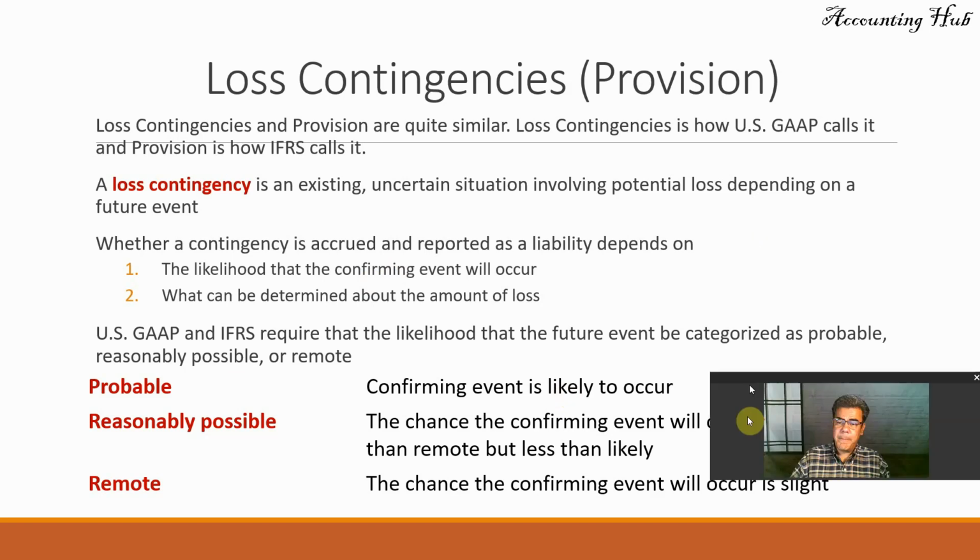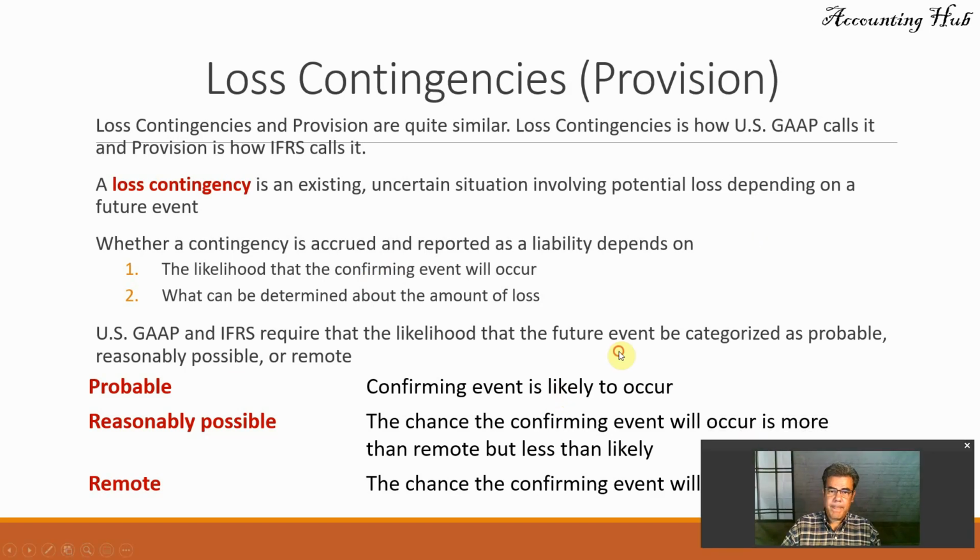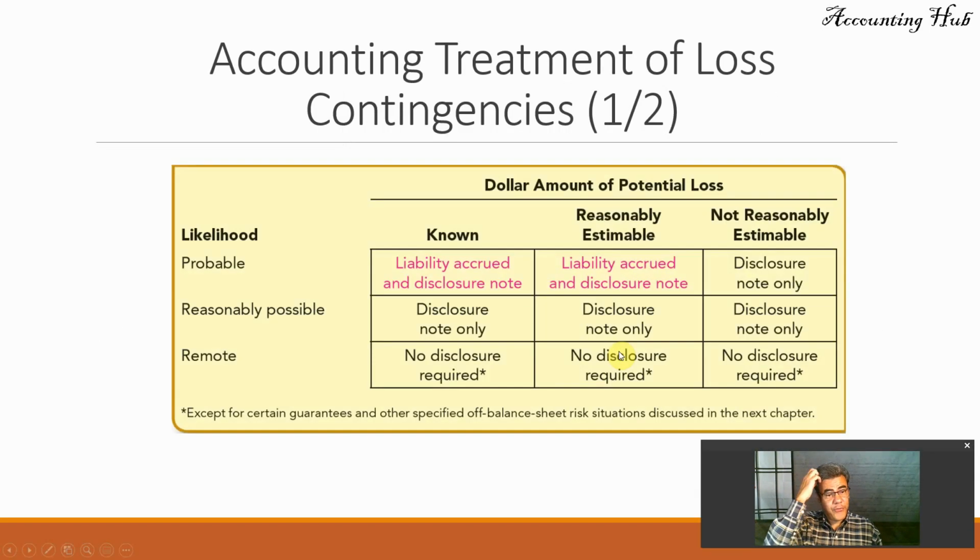And how do we report it? If it is probable and we know the amount of money, in dollars or any other currency, then we need to record a liability and add a disclosure note.